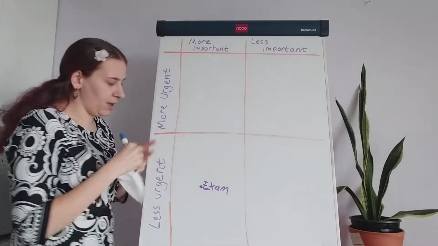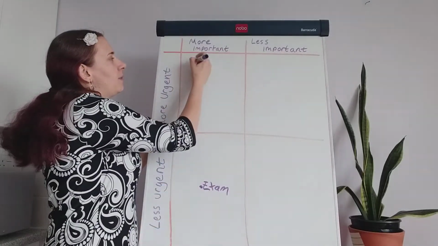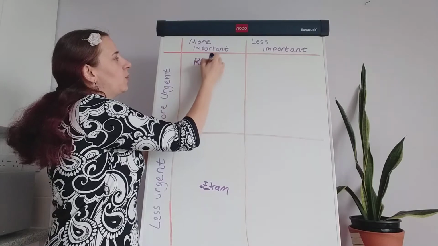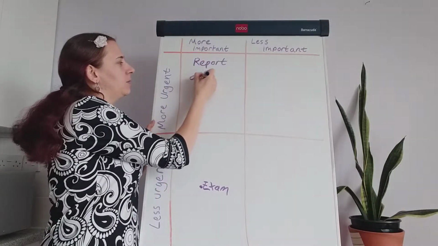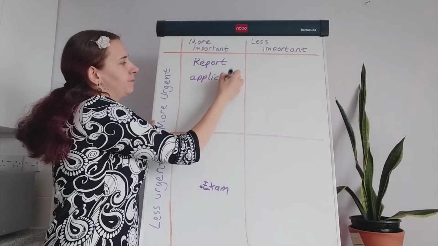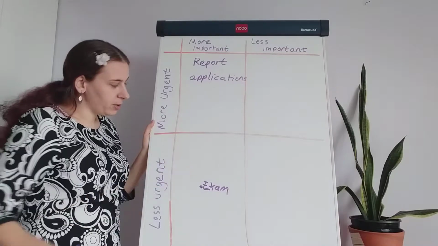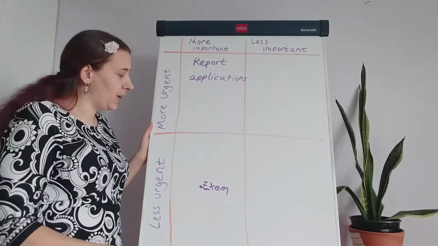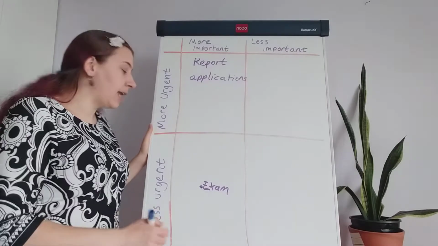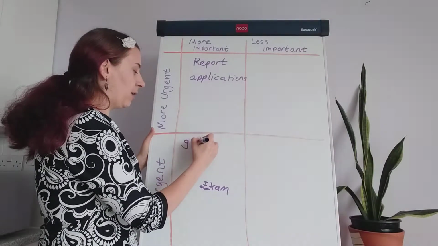Quite often though, people think of these tasks first, so it might be things like finishing a report, or doing applications. I'll put some other examples on. This box tends to be filled with things where I've got a week or two to do it, or maybe things without a deadline at all, such as, I really wanted to learn to play the guitar.